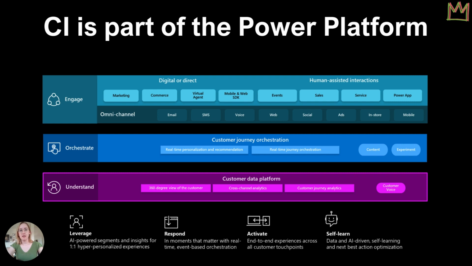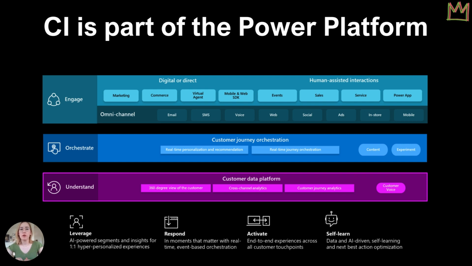So, let's start. Customer Insights, formerly known as Marketing, is part of the Power Platform, and that is exactly the thing that we're going to use. So we are using everything the Power Platform offers for us. Not only the customer data platform, we're also going to use customer journey orchestration to create the marketing automation, the campaigns that our contacts will run through.